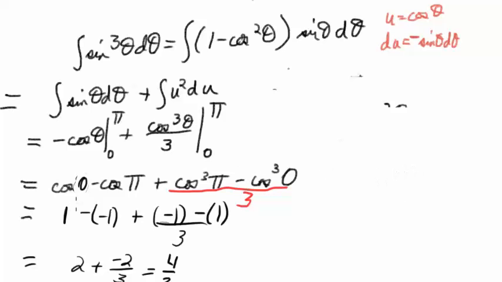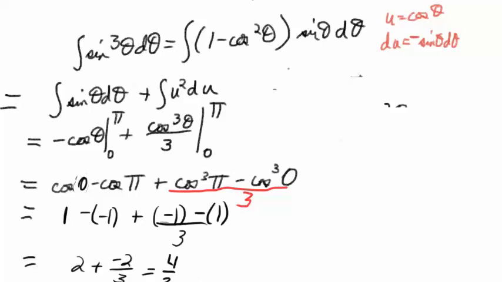Cosine of 0 is 1, cosine of pi is negative 1, and cubing it gives you negative 1. Cosine of 0 is 1. So we end up with 1 minus negative 1 is 2, plus negative 1 minus 1 is negative 2, over 3, or 4/3.